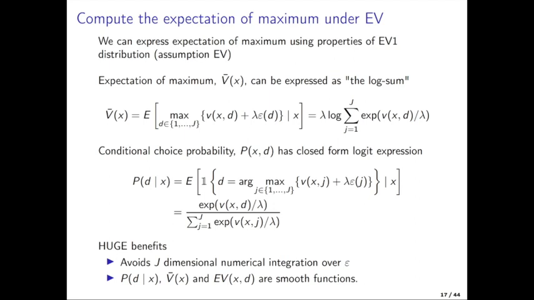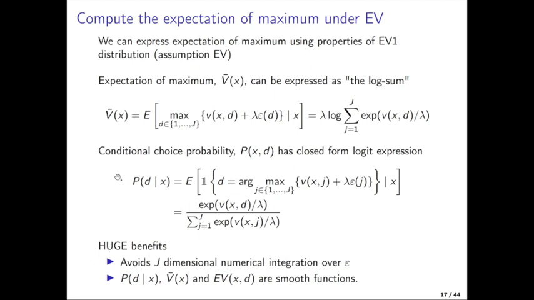This distribution has a lot of nice features, and I encourage you to go read about the extreme value distribution and the generalized extreme value distribution, which is max stable and has closed form expectations of maxes and closed form expectations of implied choice probabilities for models that have these types of error terms. Okay.